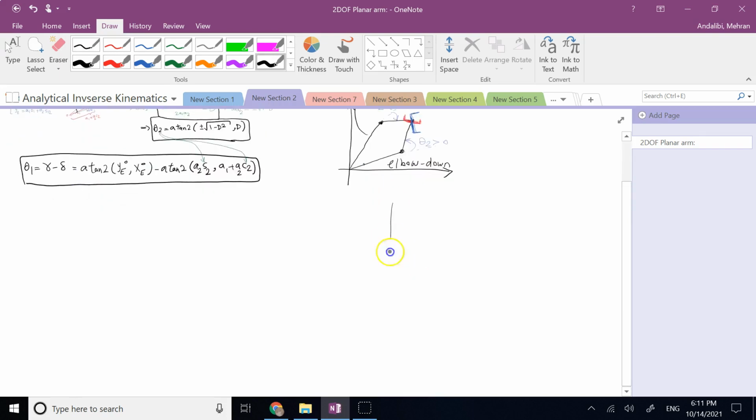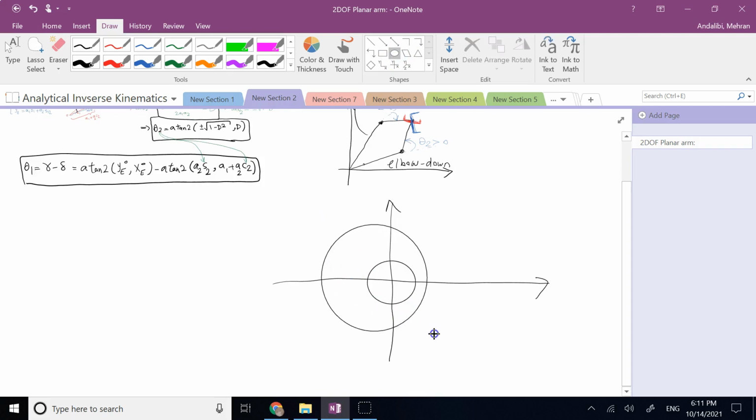In that case, your workspace is going to be basically a disk. Okay, so you will have a disk here, and you will have another disk here, both centered at origin, where the radius for the big one is A1 plus A2.